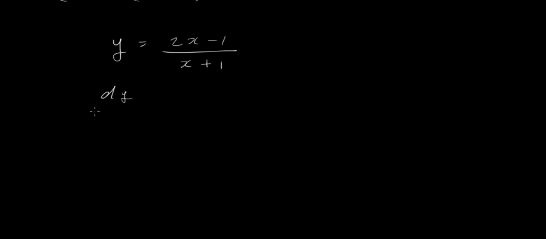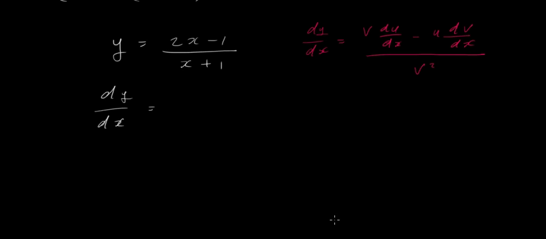So I want to find dy/dx. Now in order to do that, I can see that this is a quotient, so we use the quotient rule, which is dy/dx is equal to v du/dx minus u dv/dx, all over v squared. So this is what I'm going to use.